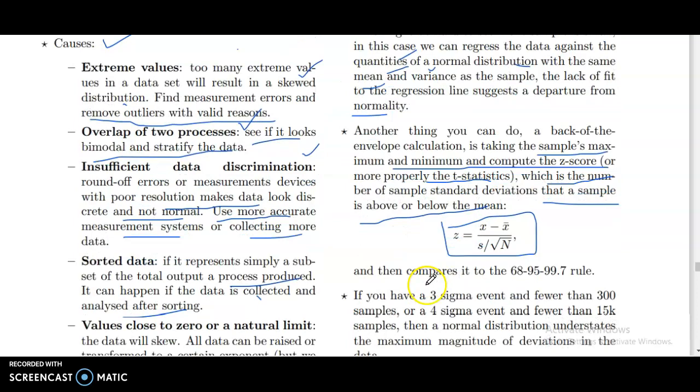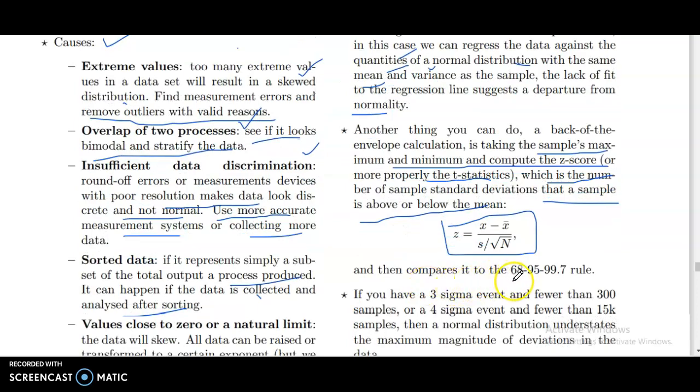Then compare it to the 68, 95, 99.7 rule. Here Z equals x minus x bar, the observed value minus the expected value, divided by s divided by root n. Then we get the Z result.